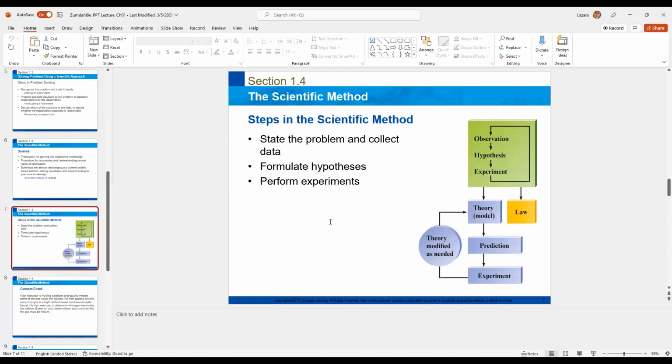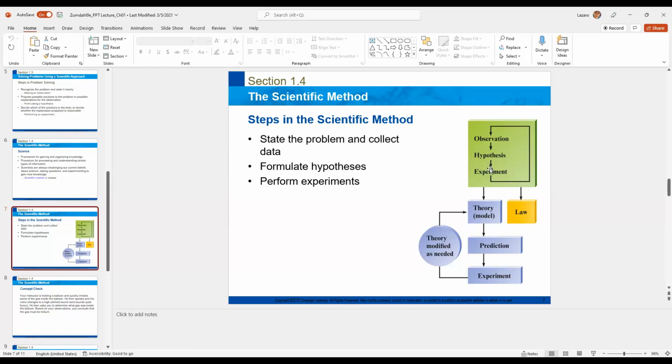What are the steps in the scientific method? Well, as I told you before, state the problem and collect data. You begin with an observation, and you have some ideas of how to solve the problem by formulating the hypothesis. Later, you perform experiments in order to know if your hypothesis is true or false.